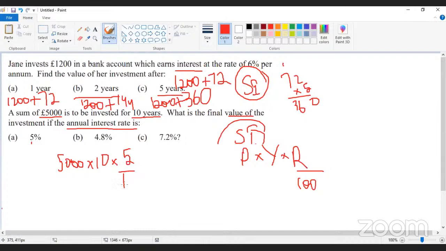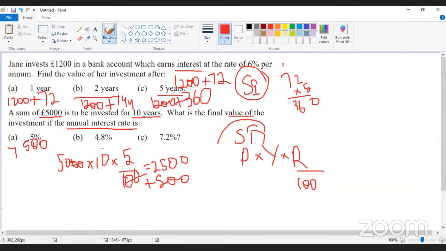So that is 5 by 100. Two zeros cancel, so it is 5 times 5, 25, that is 2,500. So the final value is 2,500 plus 5,000. So yes, the first one is correct, 7,500.